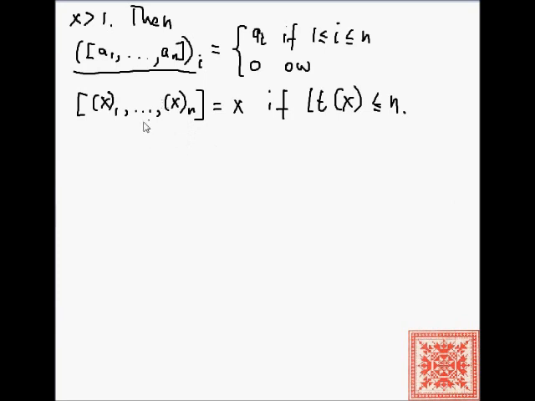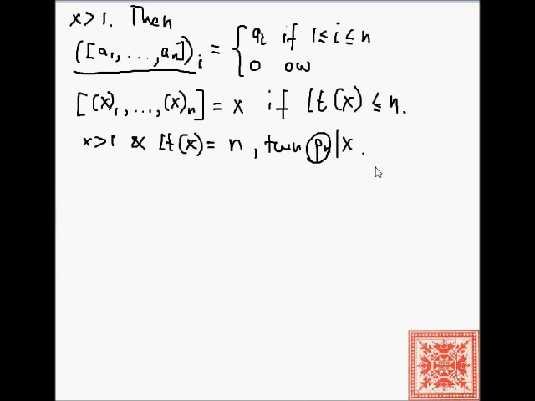This is obviously true in case x is 0 or 1. If x is greater than 1 and the length of x is n, then n has to be a positive number in this case. If x is strictly greater than 1, then p sub n is the last prime that divides x, and no prime larger than p sub n will divide x.